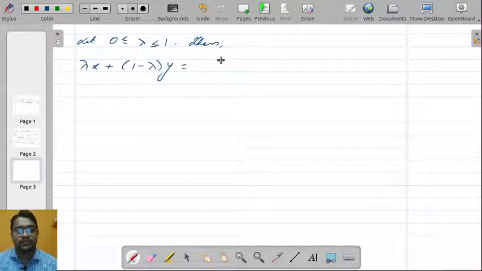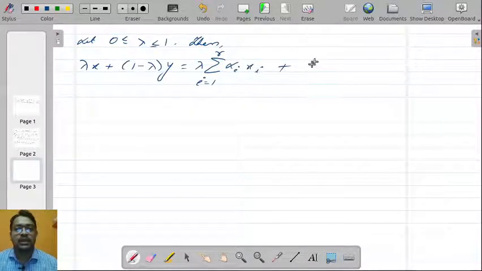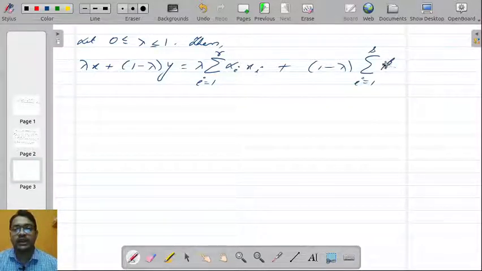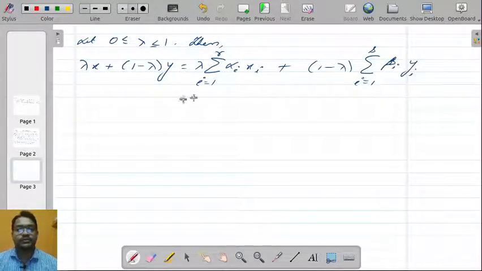So, this is equal to summation i goes from 1 to r of lambda into alpha i xi, plus 1 minus lambda into summation i goes from 1 to s of beta i yi.